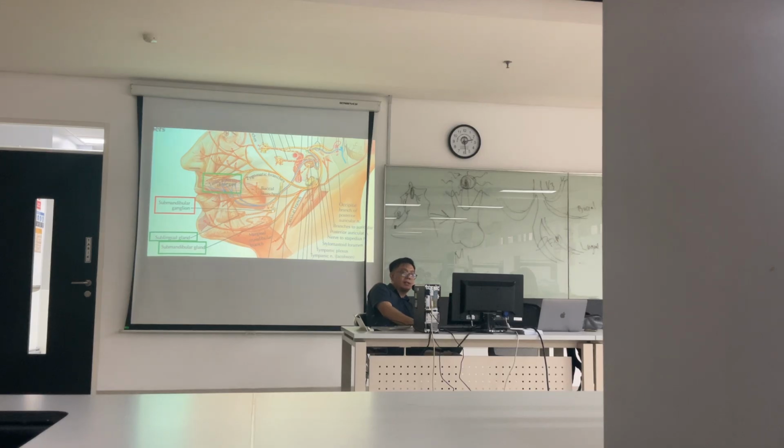So this is the parasympathetic nerve. It's not sensory, it's not motor. This is how the saliva can be produced. It's from the parasympathetic nerve. It's not motor. Okay? And then it connects with the trigeminal nerve in here.